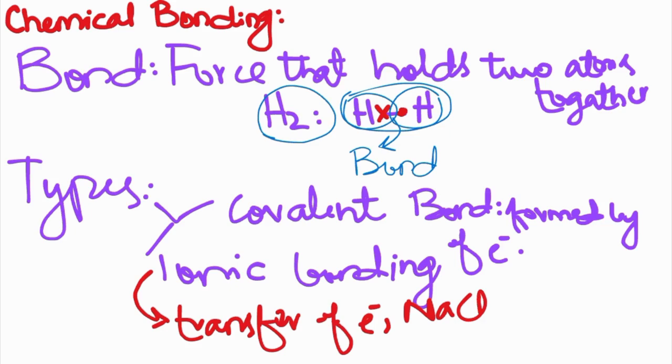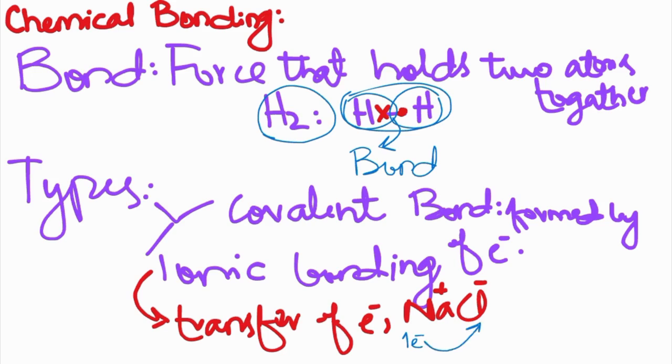In this NaCl compound, we know that there is a positive charge on the sodium and a negative charge on the chlorine. Why are these charges present on sodium and chlorine? In making sodium chloride, sodium has donated one electron to the chlorine.